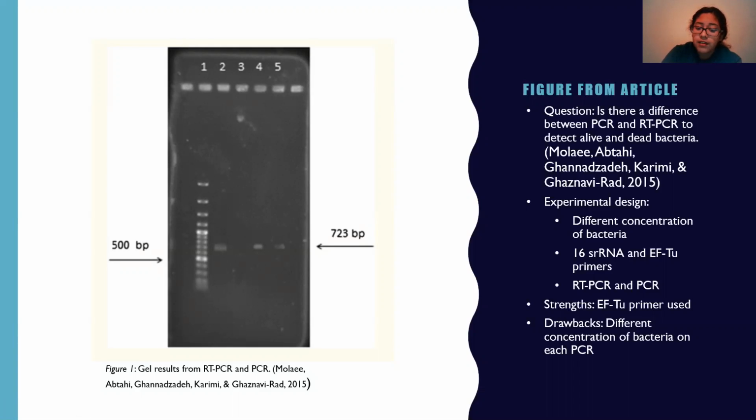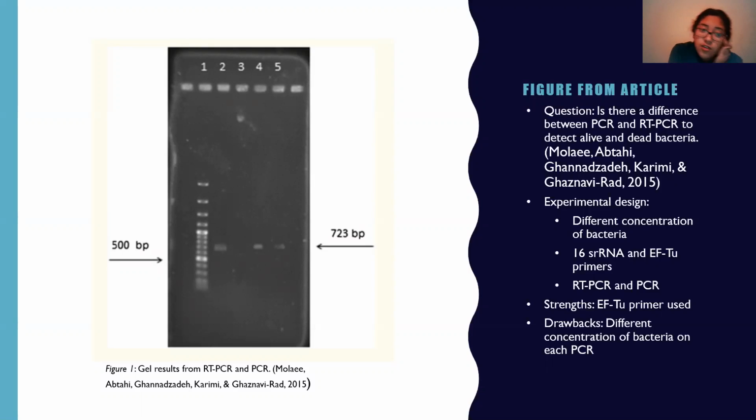The low stability of RNA outside of the cell makes RT-PCR great for detecting living cells, and the RT-PCR does show that it is good and very efficient in order to detect less stable EFTU primer, and the PCR is not able to discriminate between dead and alive bacteria, which results in giving a false positive.